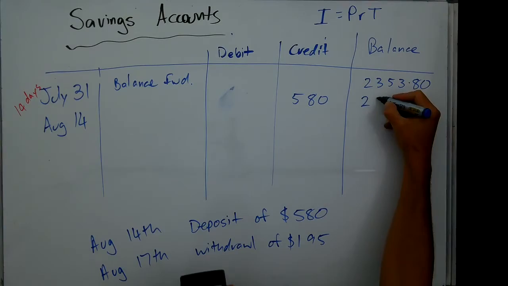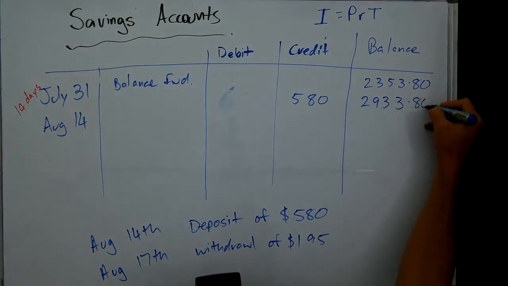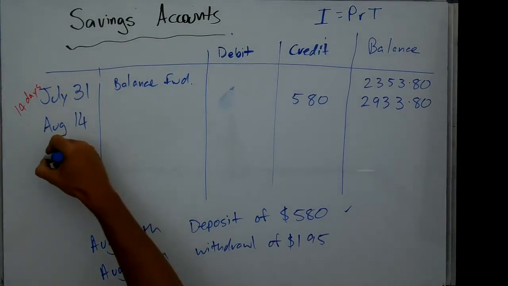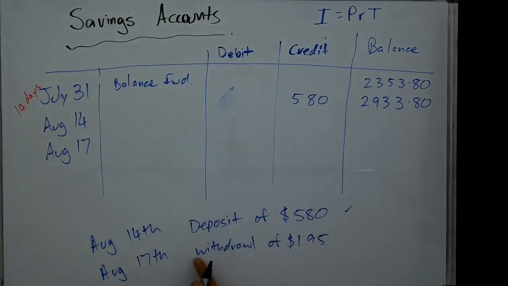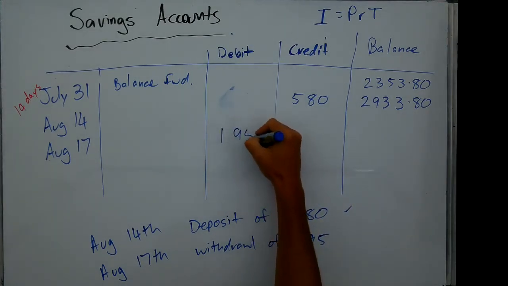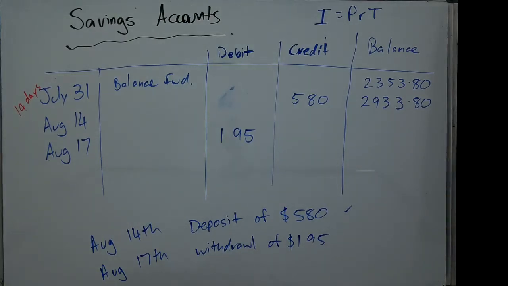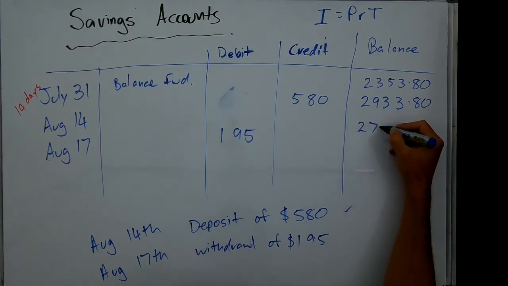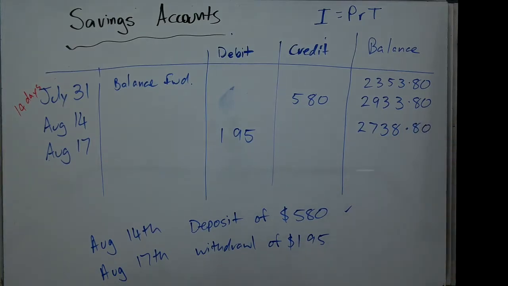Our new balance, $2,933.80. We've done that one. Then on August 17th, we're going to withdraw $195. So that means we're going to take it away. And we end up with 2,788.80.